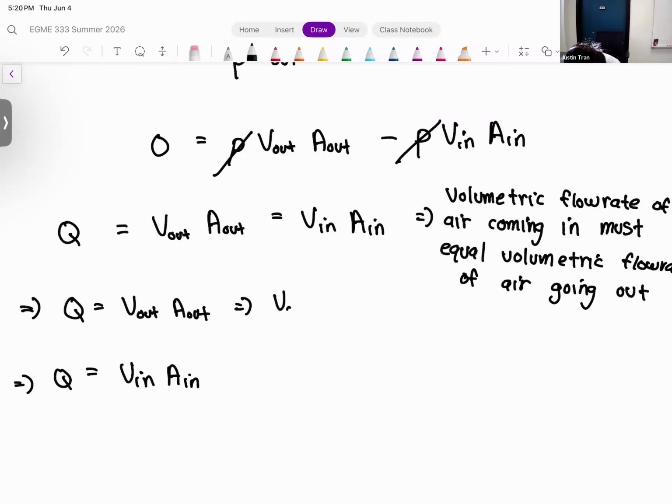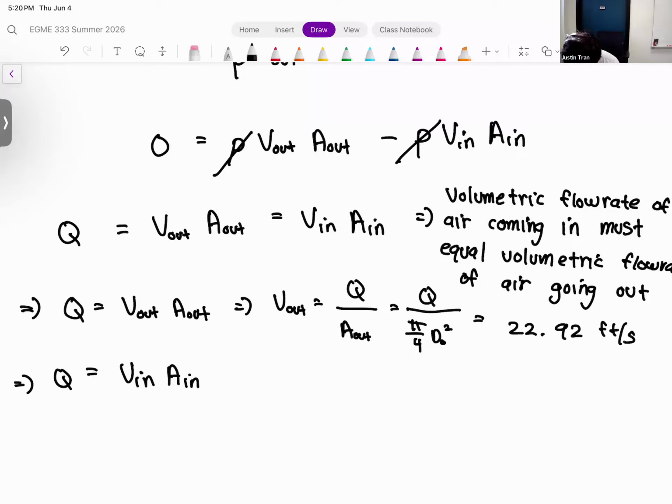V out is equal to Q divided by A out, where A out we can compute based on the diameter of the hose. So this is Q divided by pi over 4 D out squared. Plugging in, we get 22.92 feet per second.